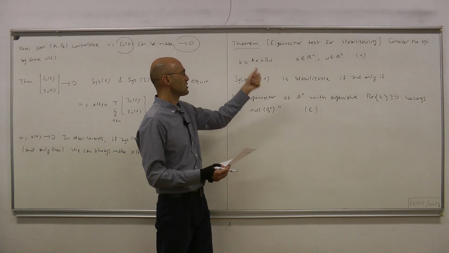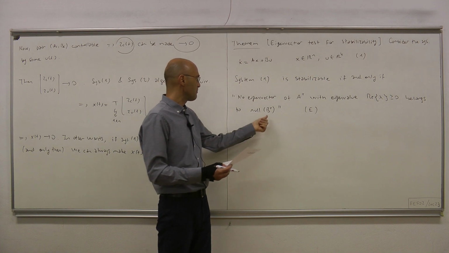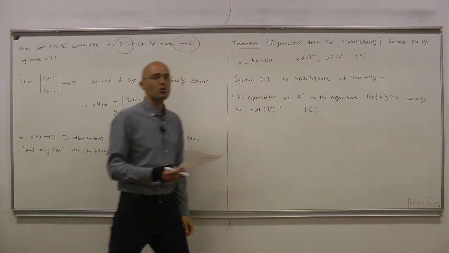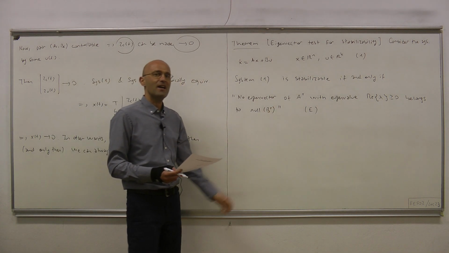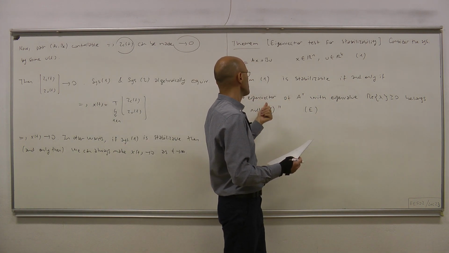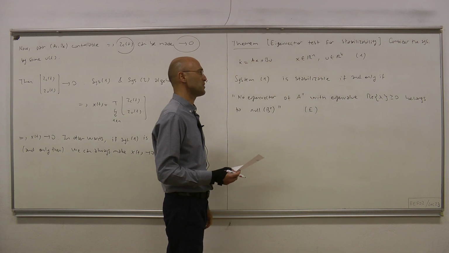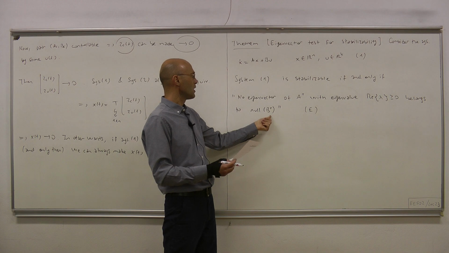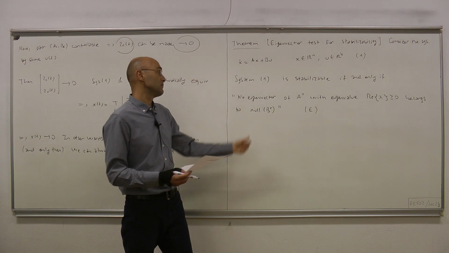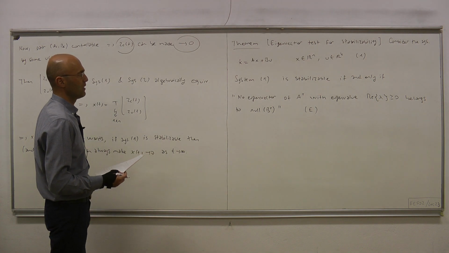Now for stabilizability, it's okay that certain eigenvectors of A transpose belong to the null space of B transpose, but as long as no such eigenvector with the eigenvalue satisfying that condition belongs to the null space of B transpose, we're safe. The system is stabilizable.